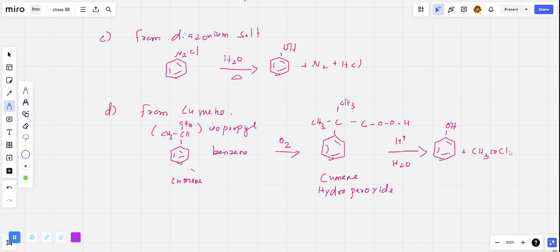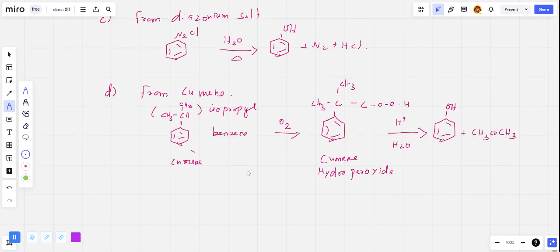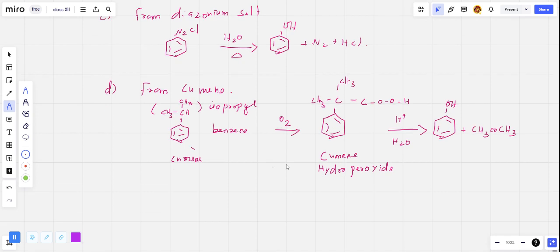CH3COCH3, acetone, is also obtained as a byproduct here. So this is a commercial method. These are all the preparations of phenol.